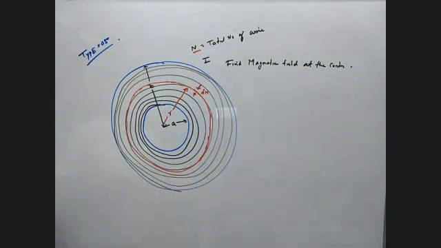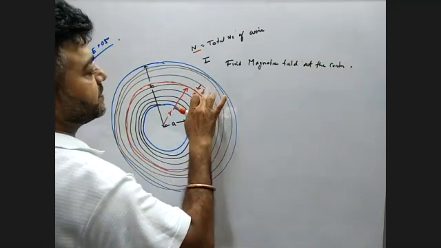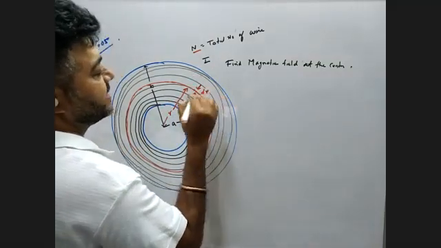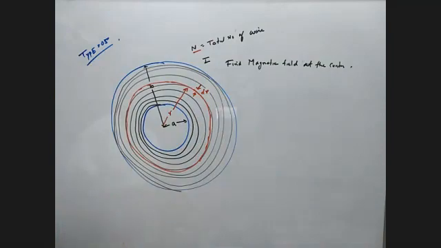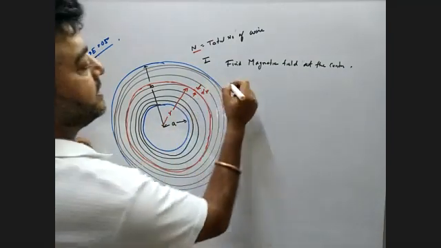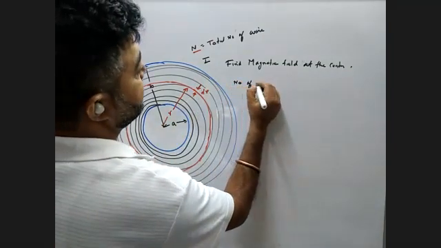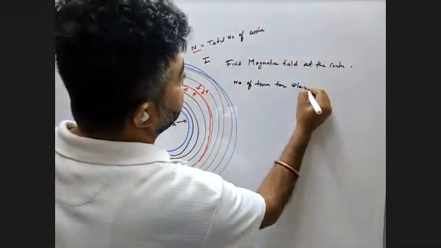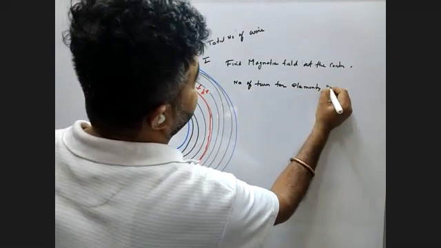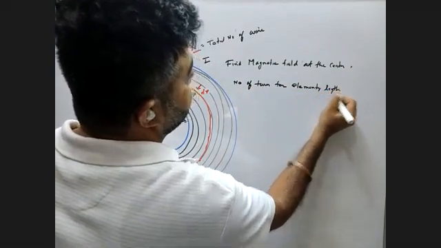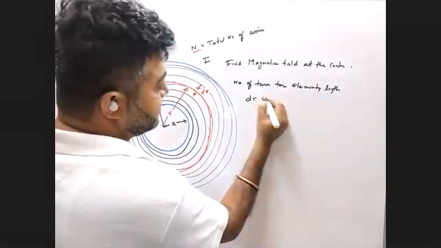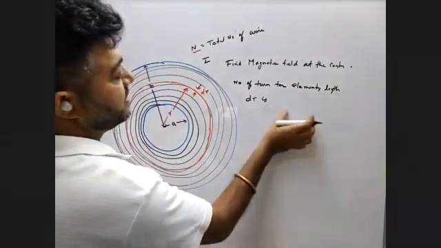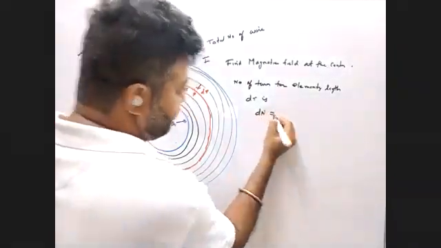So the number of turns for elementary length dr is dN.